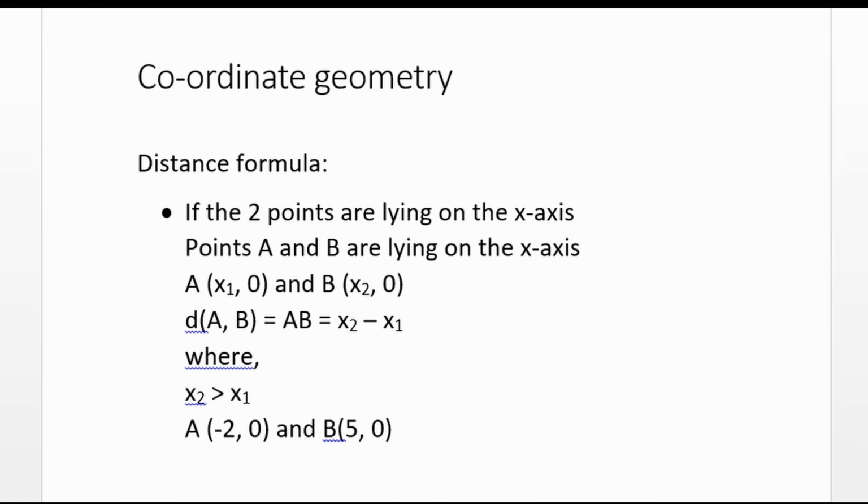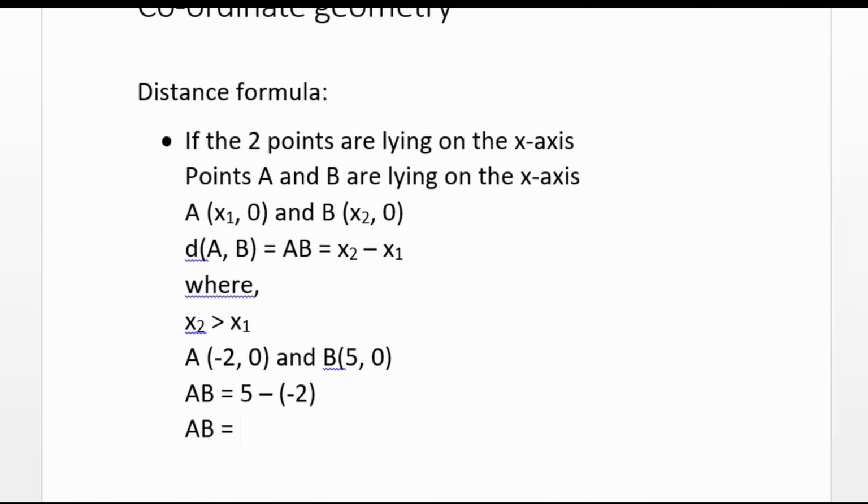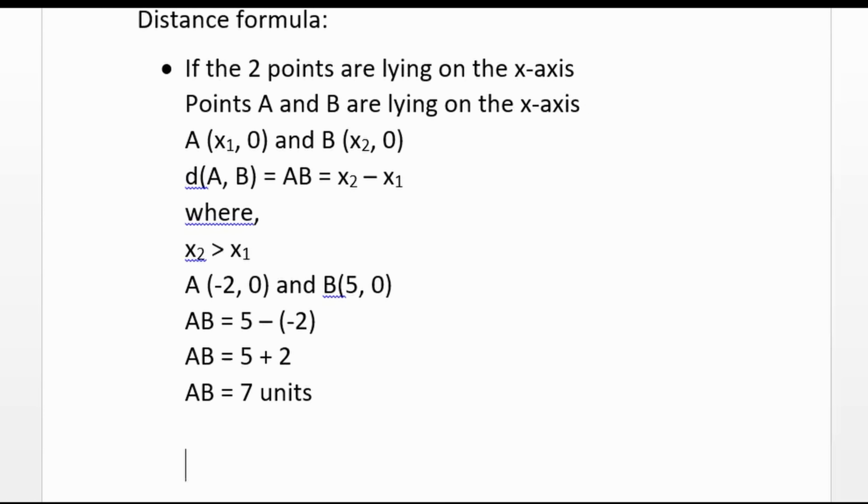So here in this case, distance AB will be 5 minus the x coordinate of point A, which is minus 2. So AB will be equal to 5 minus of minus 2, which becomes plus 2. So AB is 7 units. So the distance between the 2 points A and B, which are lying on the x-axis, is equal to 7 units.